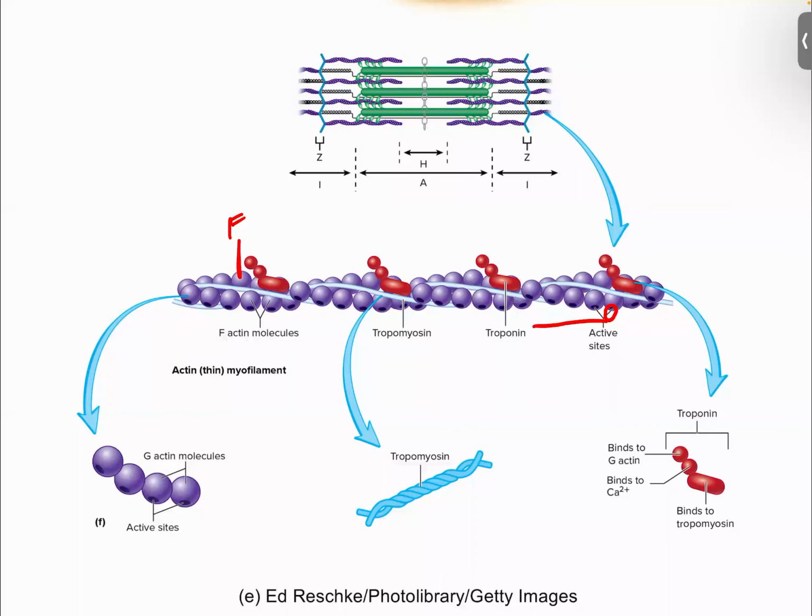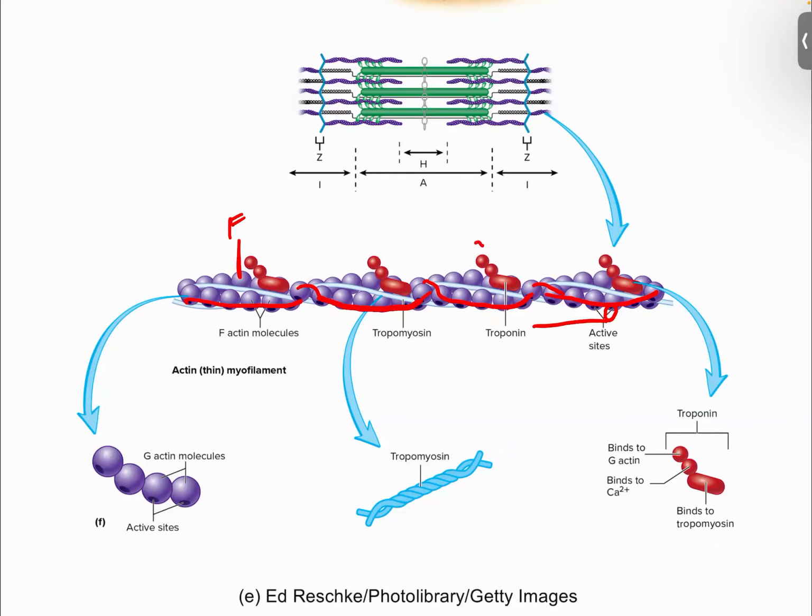Normally this is a little more slackened up, and the tropomyosin drops down and covers up these active sites. So that's usually how the tropomyosin works. This one's been tightened up a tad.